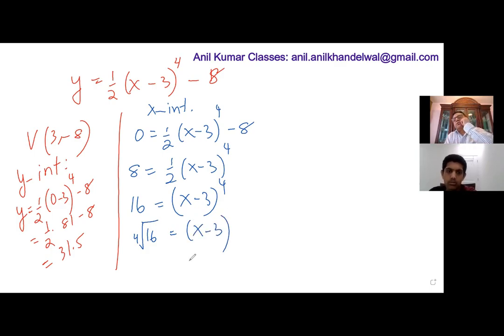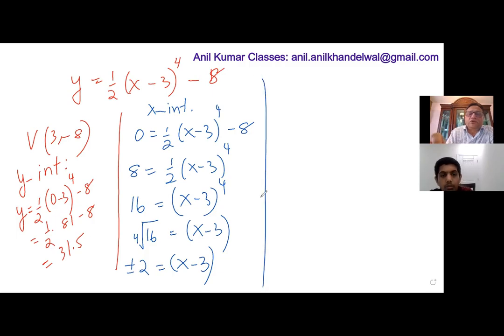Now when you do fourth root of 16, what do you get? 2. So both plus and minus 2 will work for you, right? And from here, we get two values, which is x equals 3 plus and minus 2. And that gives you two x-intercepts, which are 5 and 1, correct?